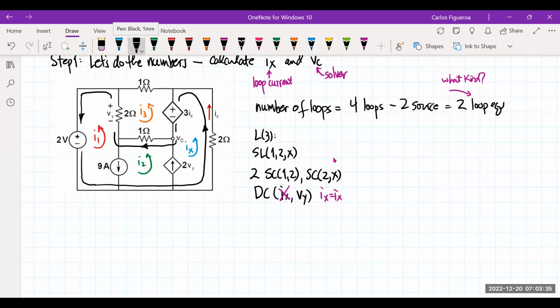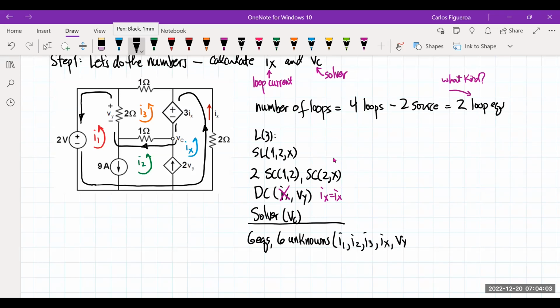And finally, we have a solver for Vc. When I do my counting, I get 1, 2, 4, 5, 6. So I have 6 equations and 6 unknowns. That means I'm going to have I1, I2, I3, Ix, Vy, Vc. So there we go.